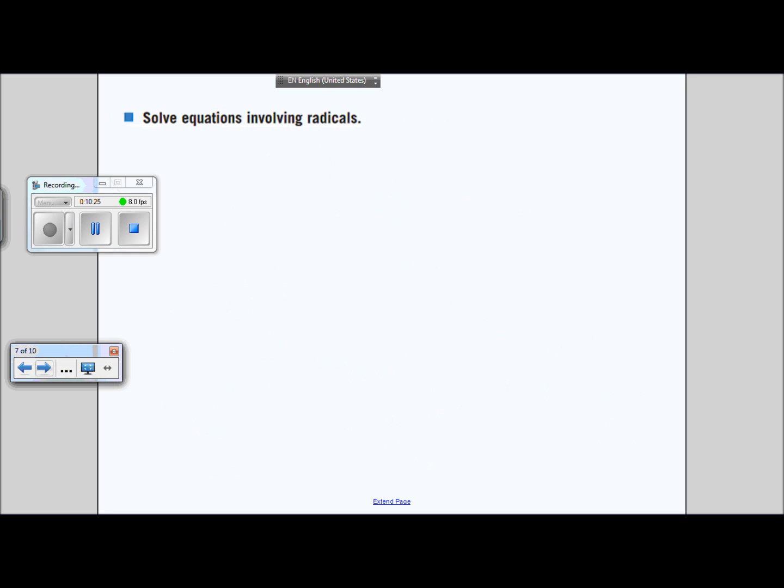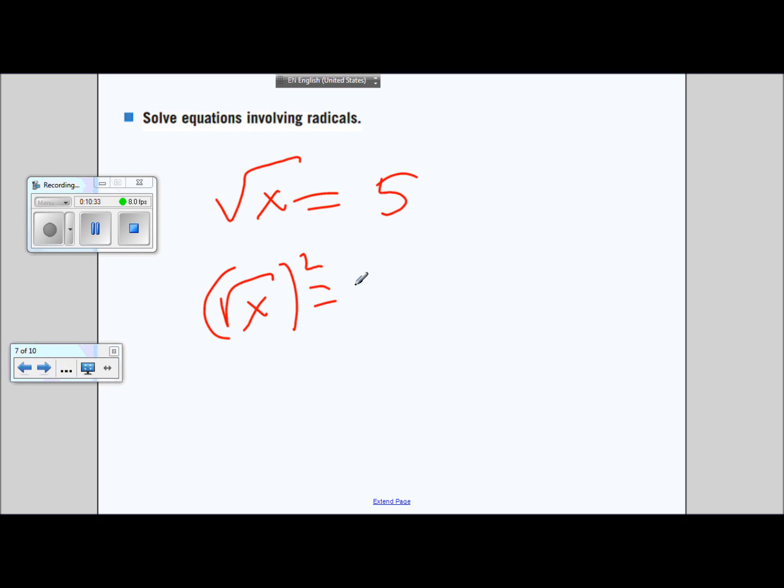Solving equations with radicals, you just sort of undo the radical. Square root of x equals 5. So how do you undo a square root? With squaring. Square both sides. x equals 25.